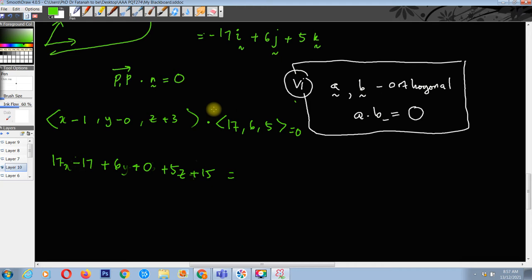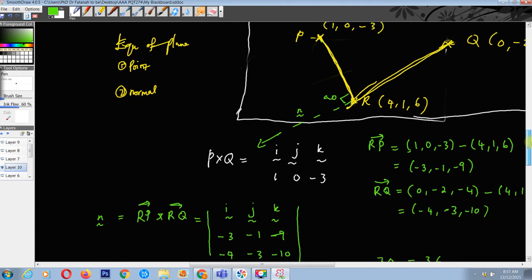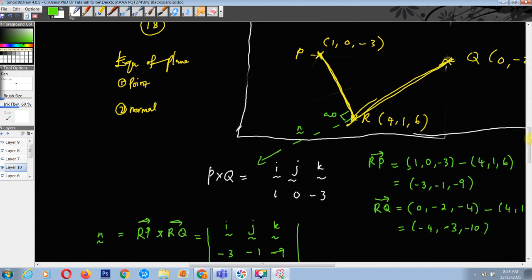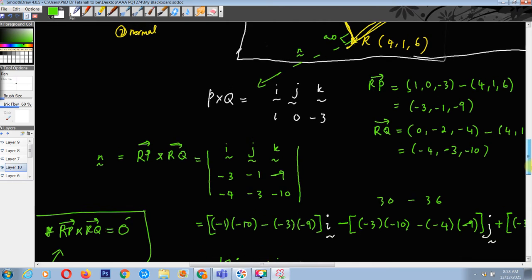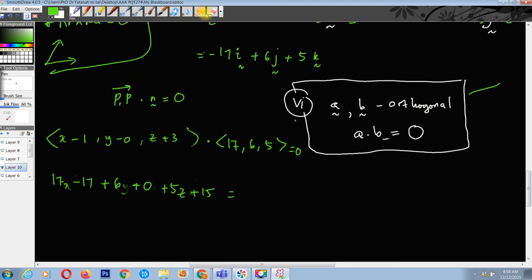P1 to P, we should have P1 to P. So it should be just a point.